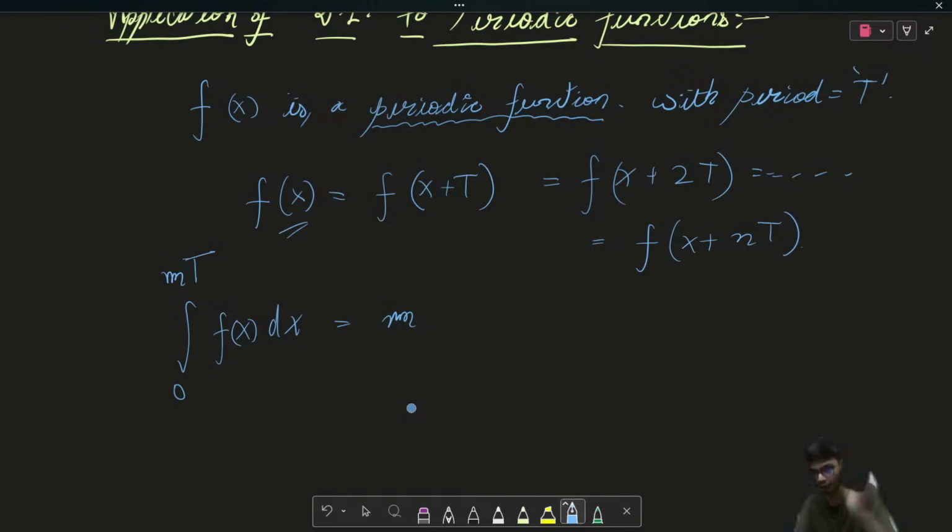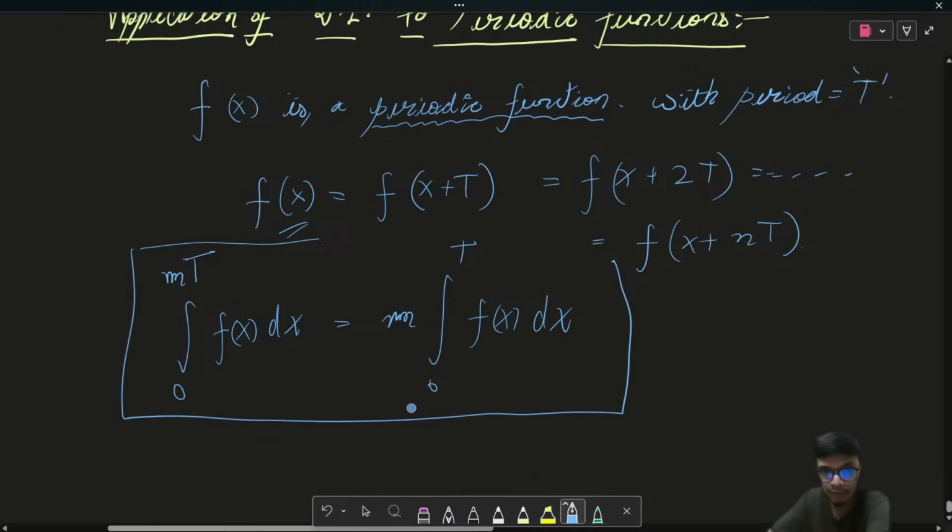Instead of finding all the areas separately, just multiply by m. That's it: m times the integral from 0 to t of f of x dx. This is the most trivial property, especially when we are discussing periodic functions.